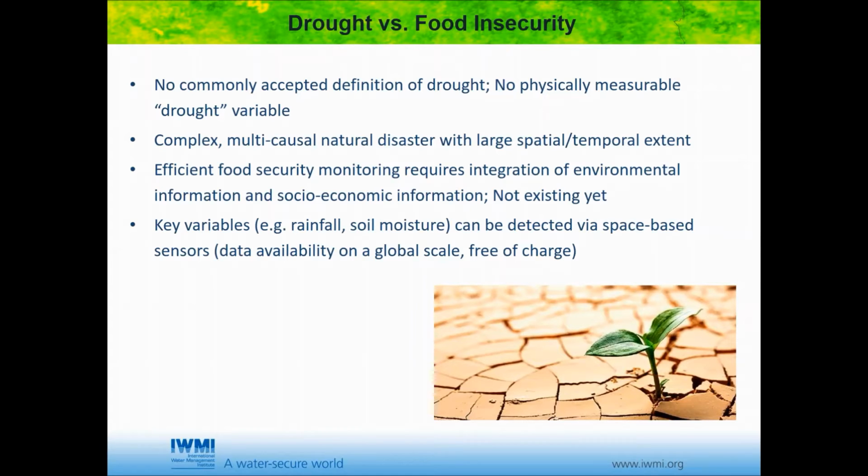Drought has multiple natural causes, and there are different classifications: meteorological drought, hydrological drought, social vulnerability drought, and last but not least, agricultural drought.